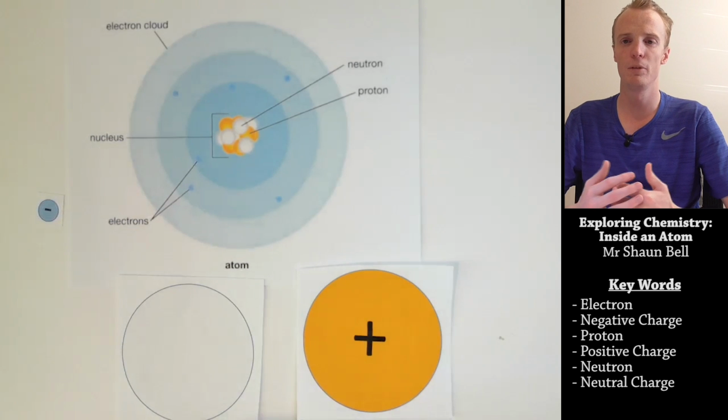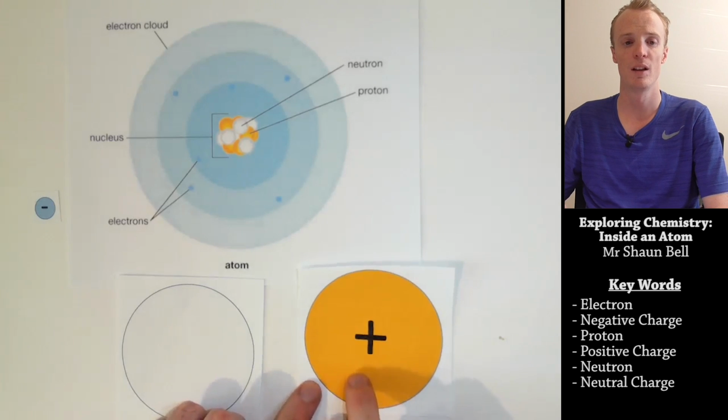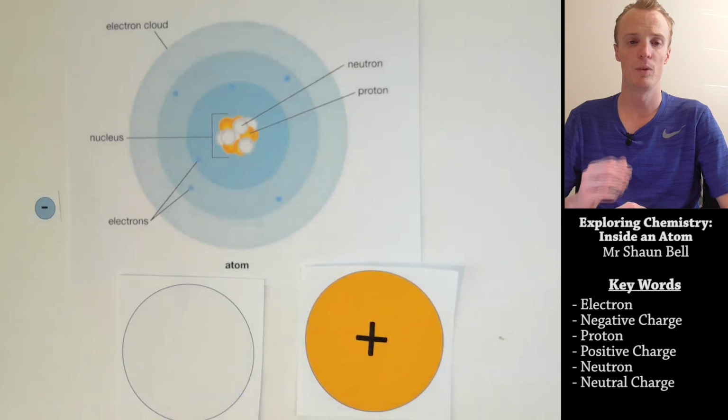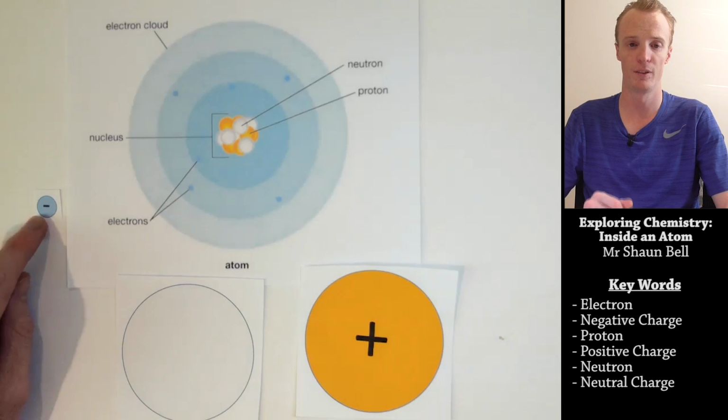In terms of the number of protons, neutrons, and electrons there are, this changes depending on what atom we're talking about. However, atoms do like to be stable. That is to say that the total number of positively charged protons like to be balanced with the total number of negatively charged electrons.